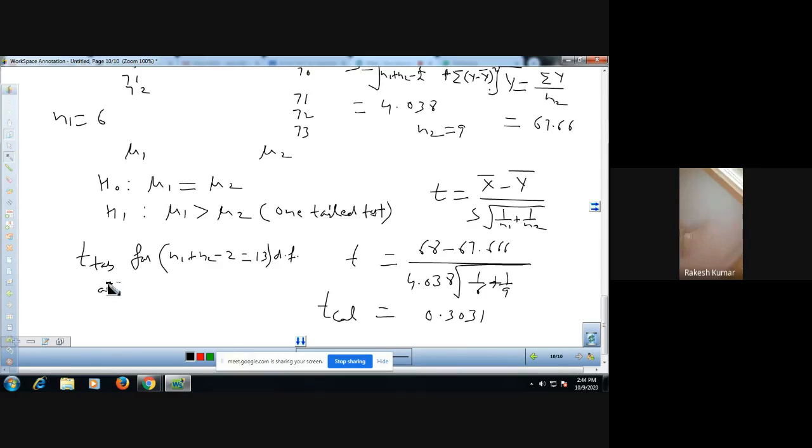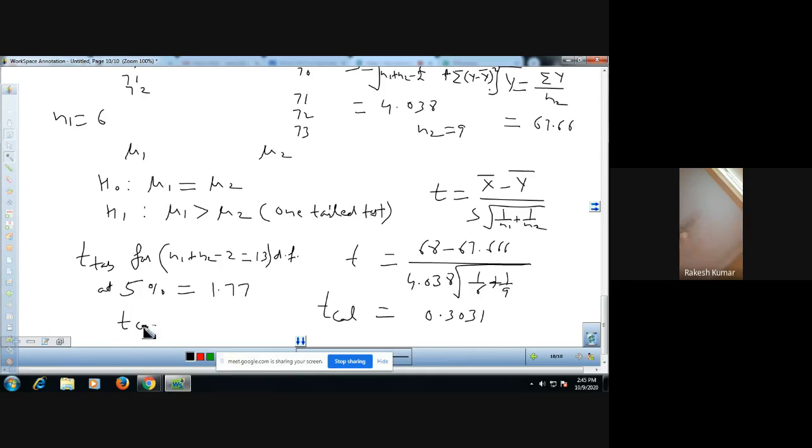This is a single tail test. The level of significance must be there, but no level of significance is given. So you just need to calculate the value at 5% level of significance. At 5% level of significance for 13 degrees of freedom, this value is 1.7.